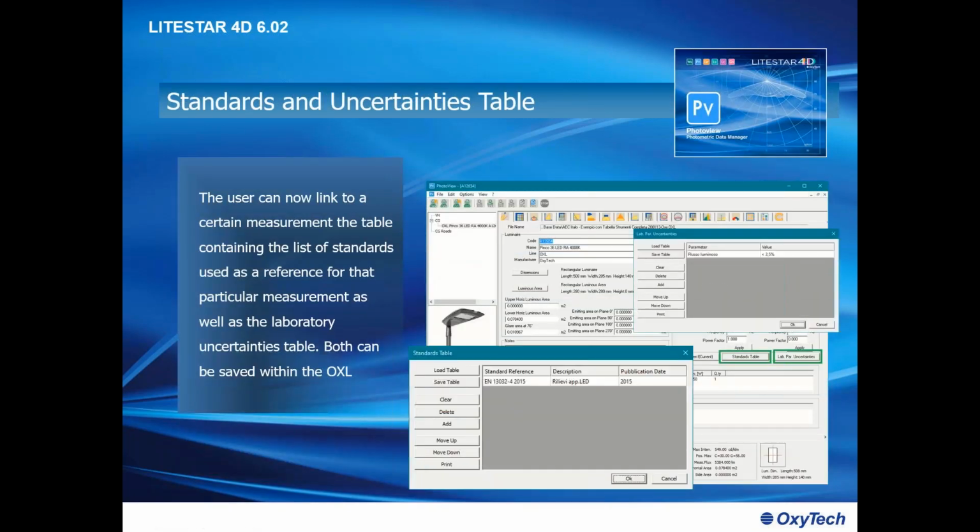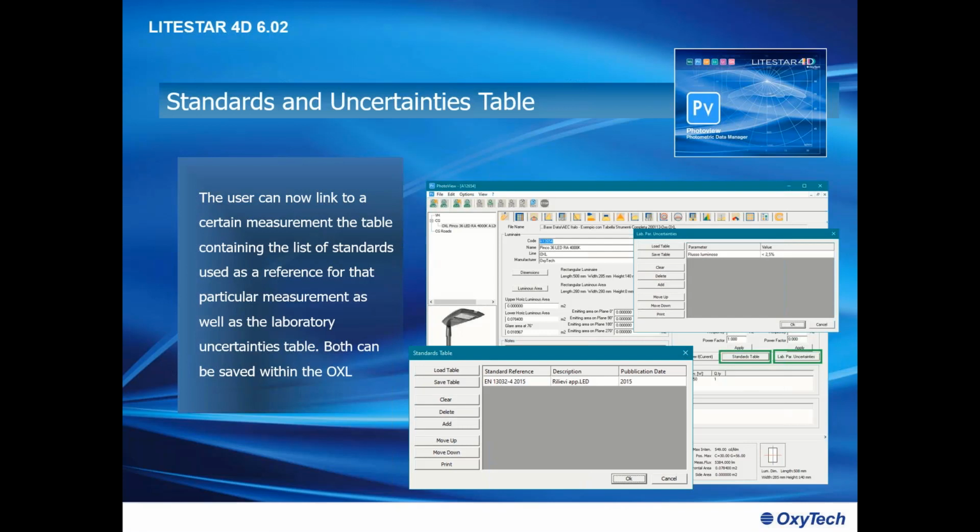At the same level, we developed the same concept also for the standards and for the laboratory uncertainties. The standards, probably it is absolutely necessary to know which was the standard that you applied for your photometric or for your colorimetric measurements. So, for example, if you applied the European standard for LED measurements, or if you applied the IES LM79.